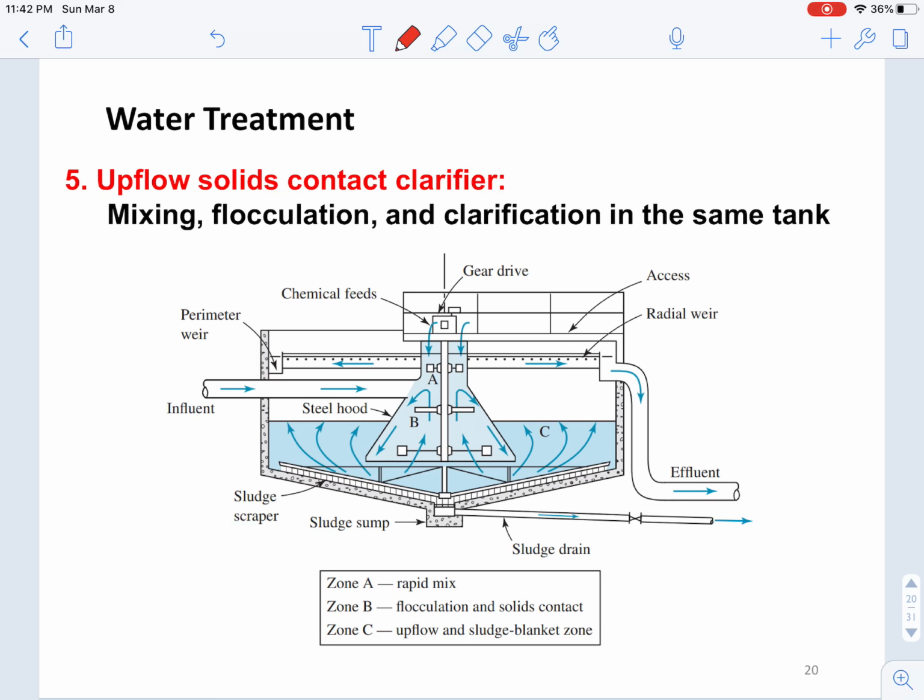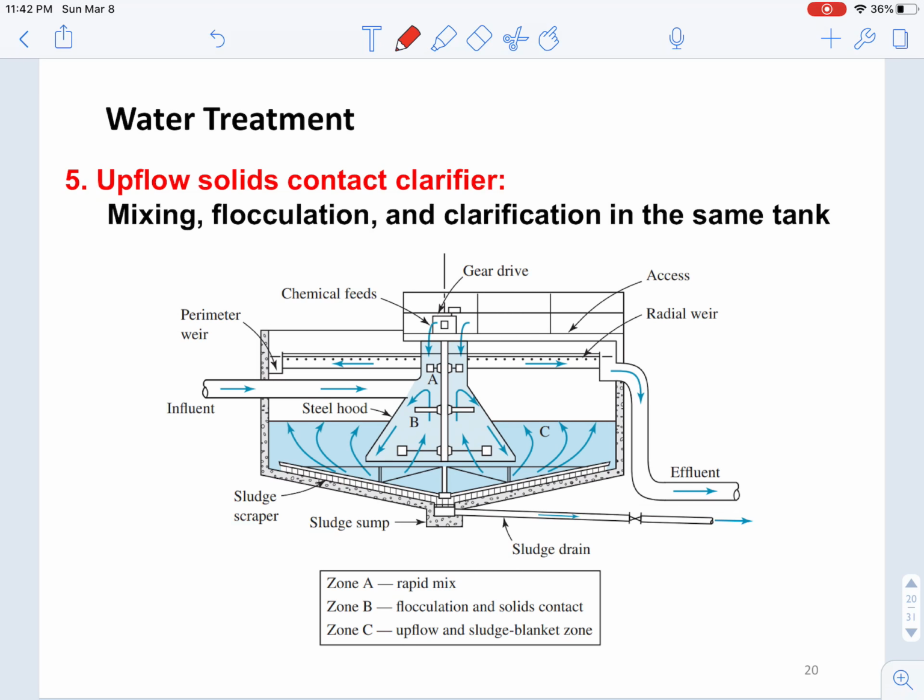So as you can see, the coagulation and flocculation can be separated into different reactors. And actually, we can also combine them into one type of reactor. This is called the upflow solids contact clarifier. It combines all of these steps, for example coagulation, flocculation, and clarification, into one reactor.